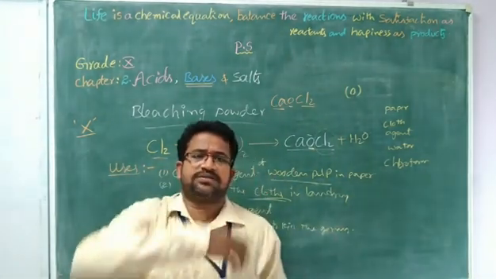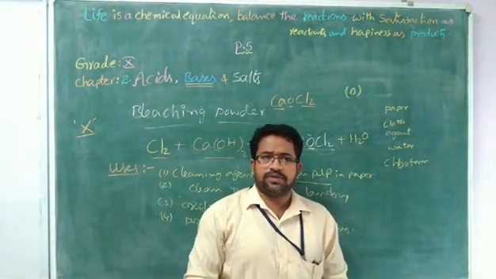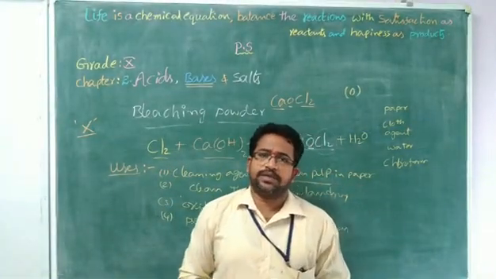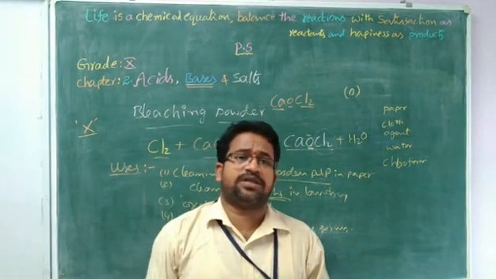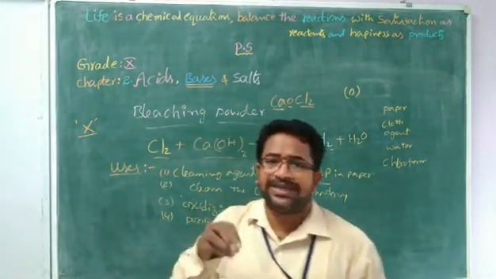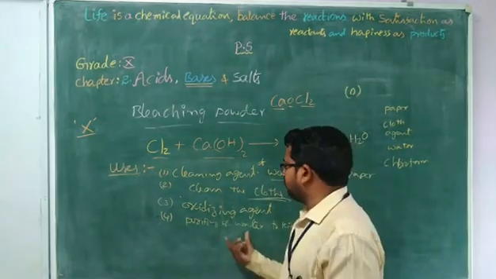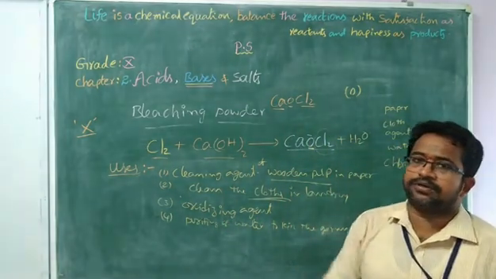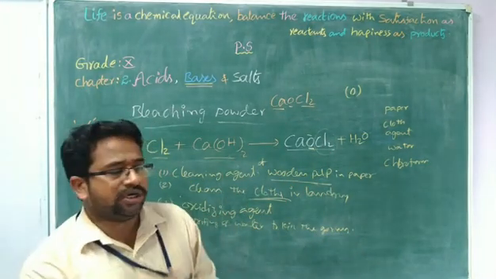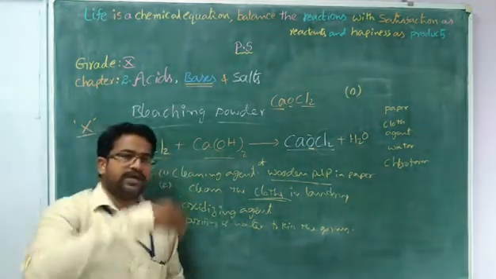Of course, near some drainage you may see they pour the bleaching powder, because harmful germs are there, and those harmful germs are going to be killed by this bleaching powder. The same thing in drinking water, the water treatment: bleaching powder is going to be added to the water.